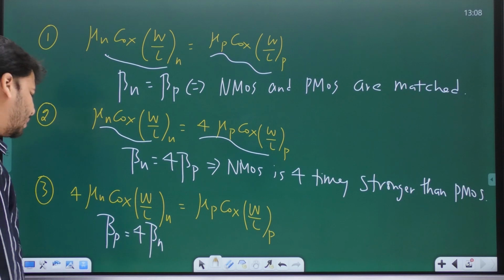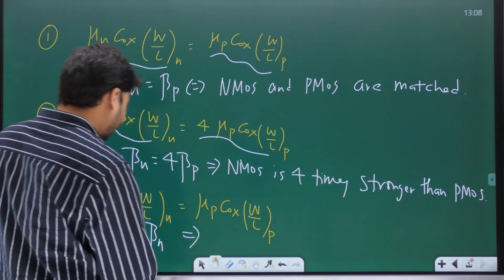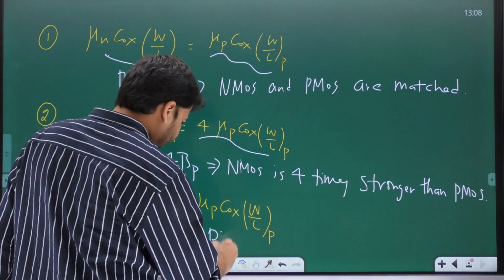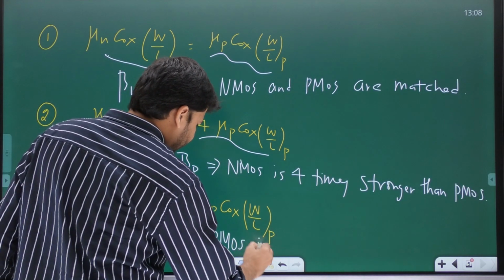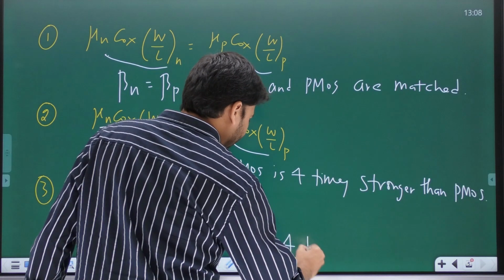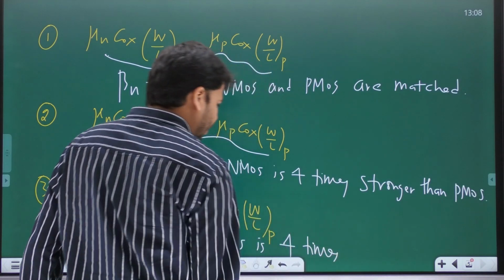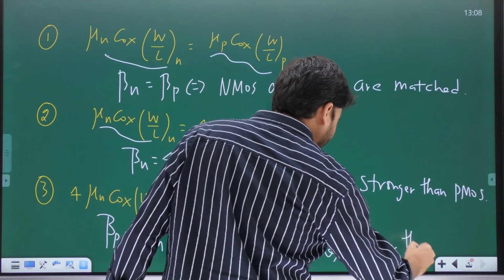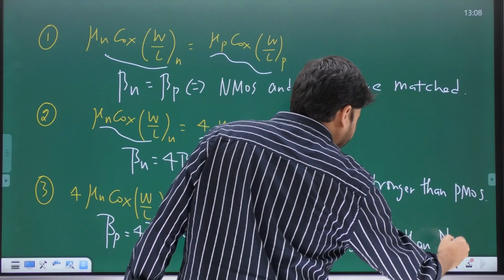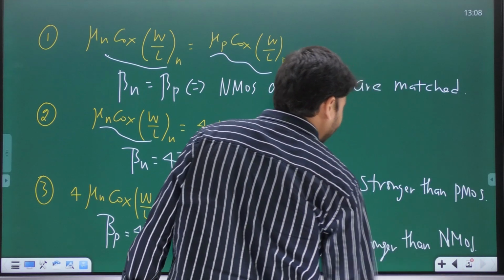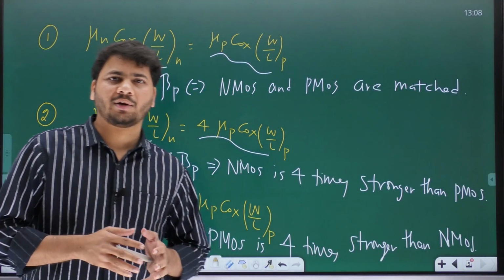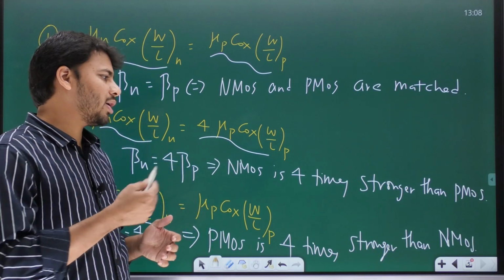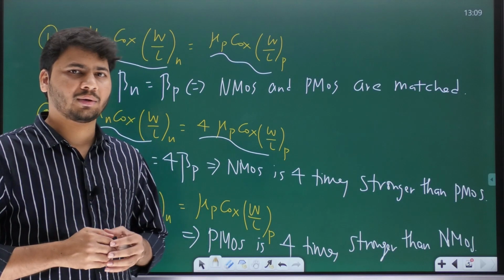And in this case, we can say PMOS is 4 times stronger than NMOS, okay? So this time, I can say PMOS is 4 times stronger than NMOS. Well, I hope now the notion of one transistor being relatively stronger or weaker compared to another transistor is clear, okay?